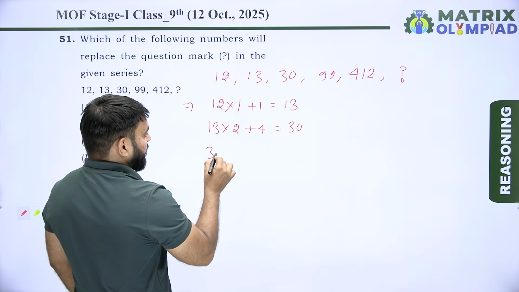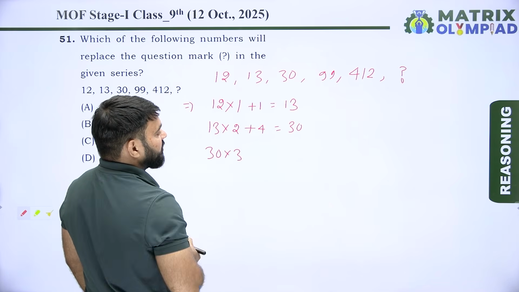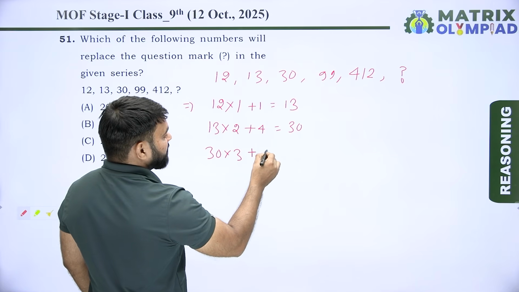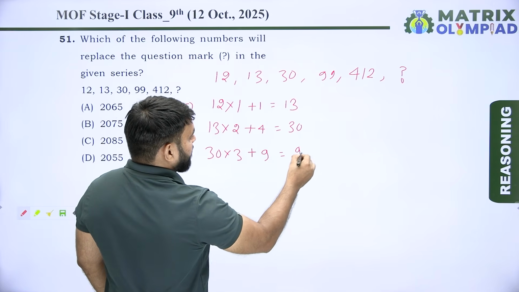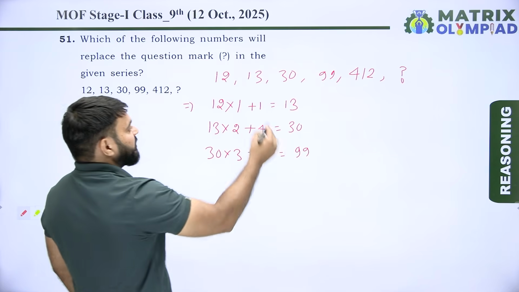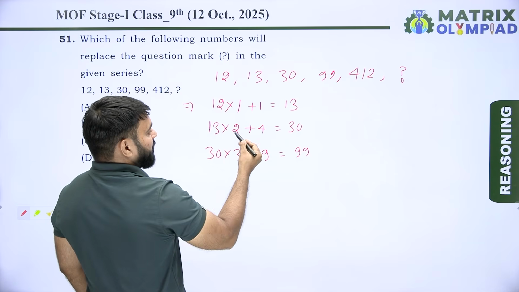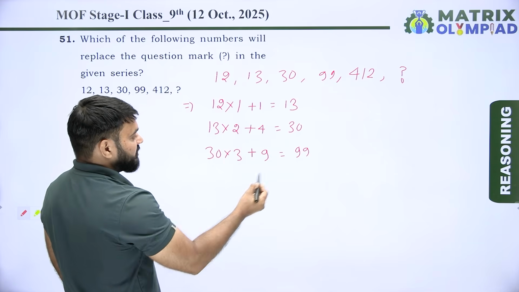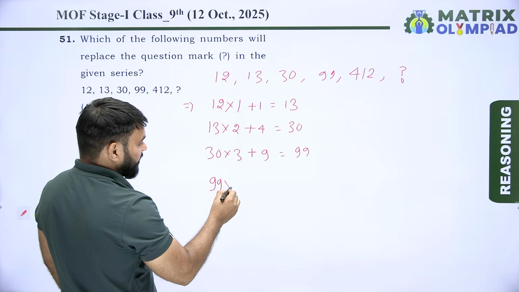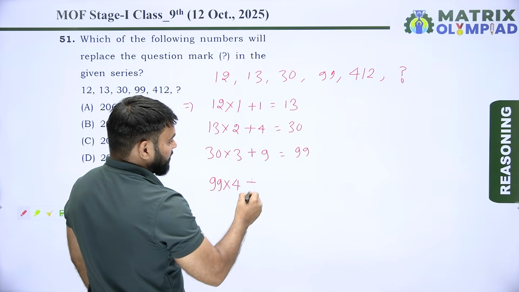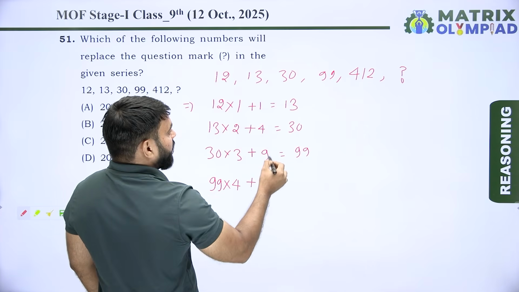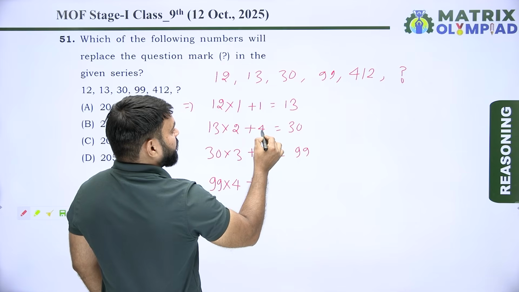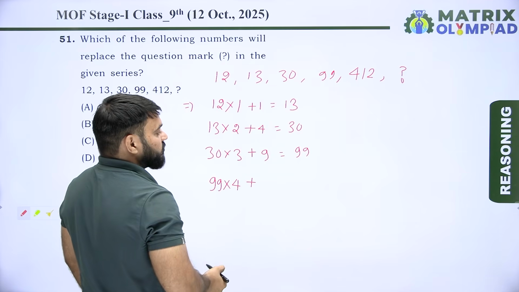Similarly, 30 multiplied by 3 is 90, 90 plus 9 is 99. So the pattern is multiply by 1, multiply by 2, multiply by 3. Similarly, 99 multiplied by 4, plus, now the numbers being added are 1, 4, 9. 1 means 1 square, 4 means 2 square, 9 means 3 square.